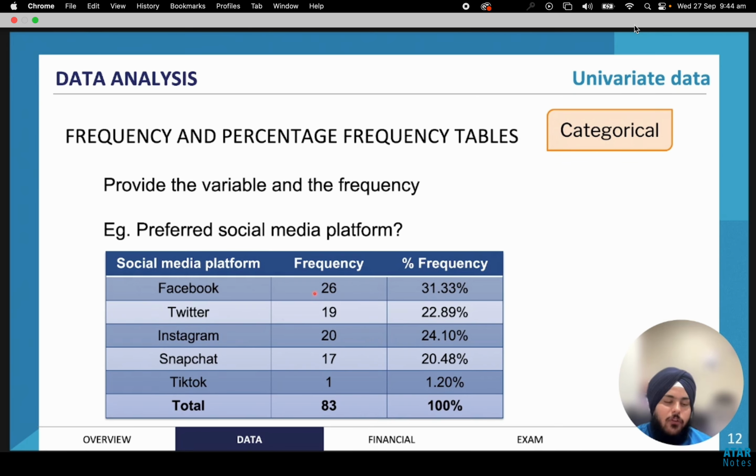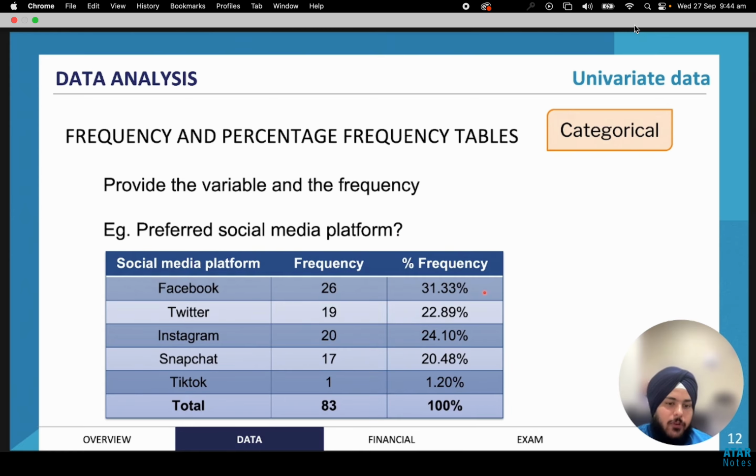And then we can actually convert this into a percentage frequency, which makes the data even easier to interpret. So the total percentage frequency is obviously going to be 100% because that represents the entire data set. And then the percentage is just how many people in that 100% will have that preferred social media platform.